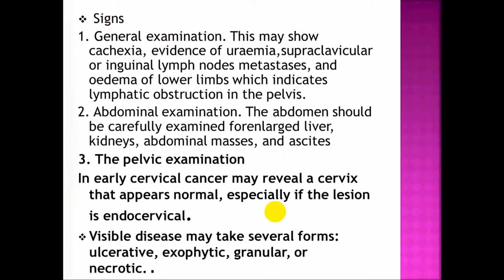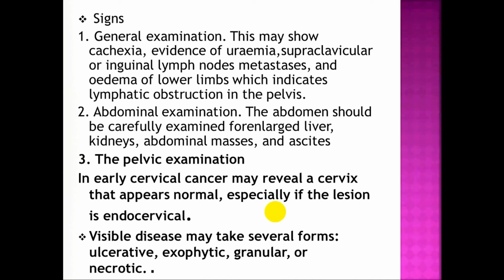Signs: general examination. This may show cachexia, evidence of uremia, supraclavicular or inguinal lymph node metastasis, and edema of lower limbs, which indicates lymphatic obstruction in the pelvis. Second, abdominal examination. The abdomen should be carefully examined for enlarged liver, kidney, abdominal masses, and ascites.